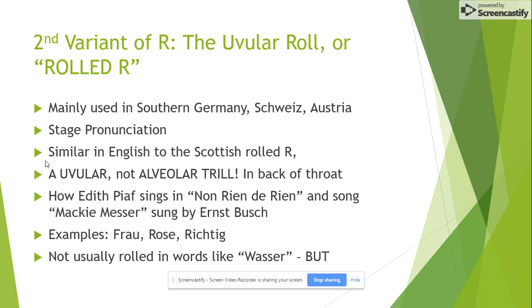But it could be rolled at the end of such words, for example, in a literary language, stage pronunciation. And you'll get an example of that when I recite the poem Der Erlkönig by Johann Wolfgang von Goethe in all three types of the German R.